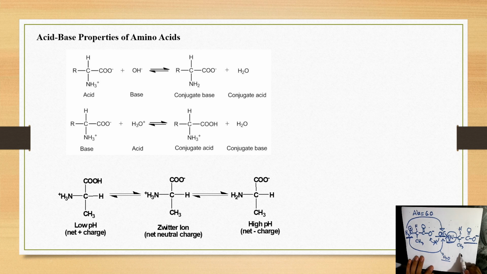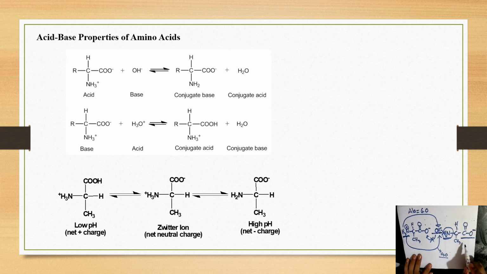So if we ask what is the net charge of alanine at a pH higher than 6.0, the net charge now becomes -1. Just like what you can see on the screen, you have a zwitterion with a net charge of 0.